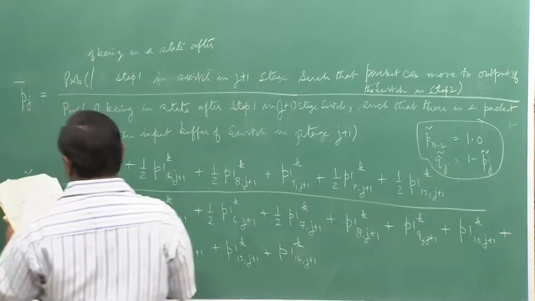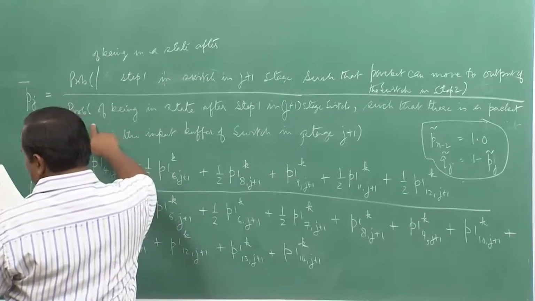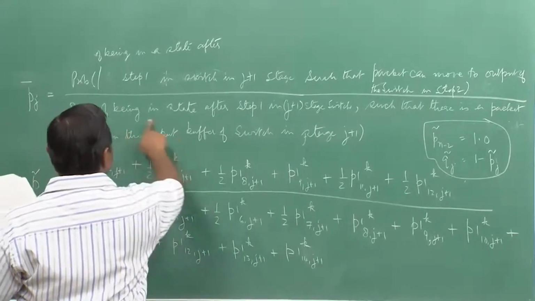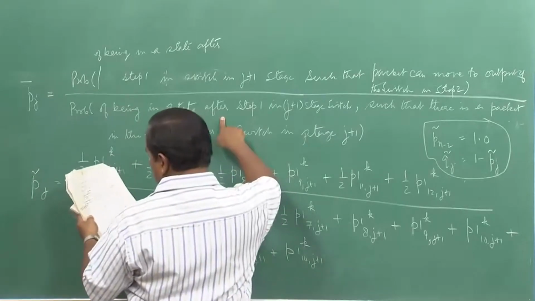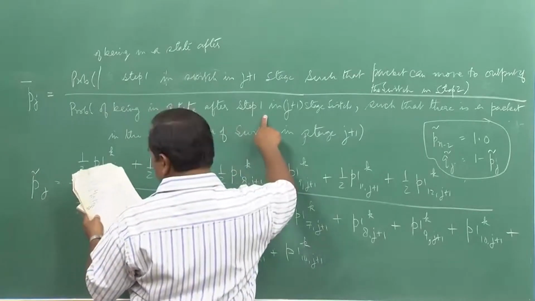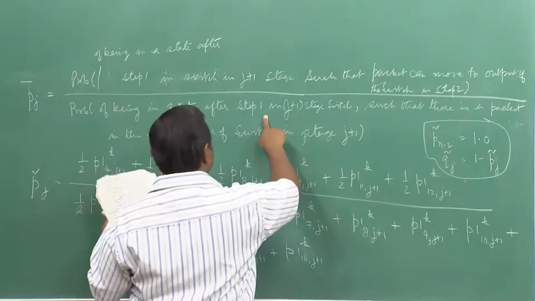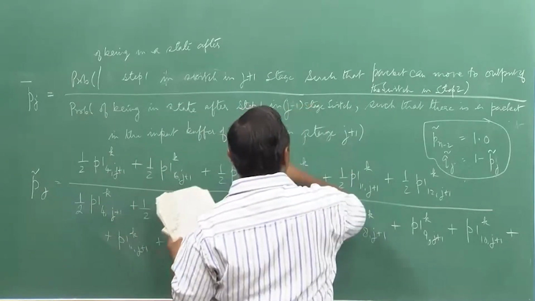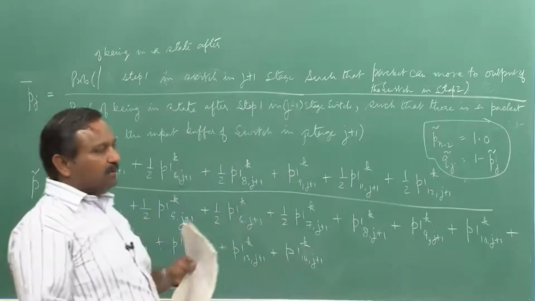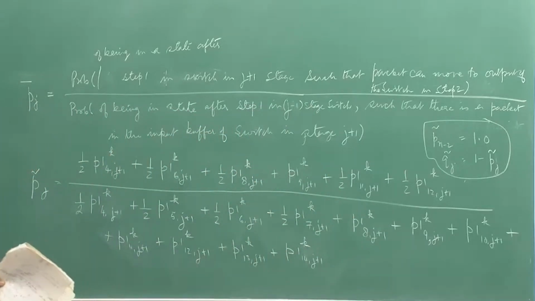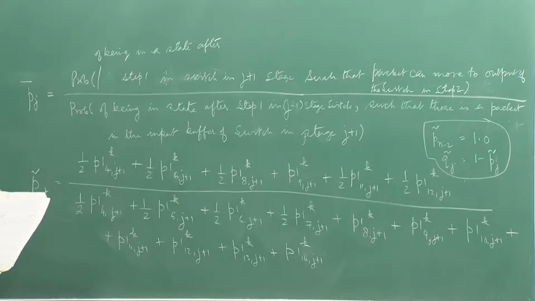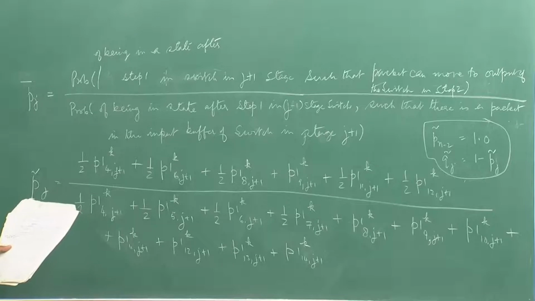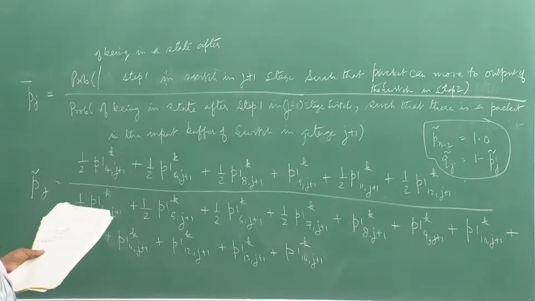So probability of being in state after step 1 in j minus 1 stage, this is the probability of arrival. Okay. So this is the probability that a packet from an input link at j minus 1 is placed in a buffer at the output link.